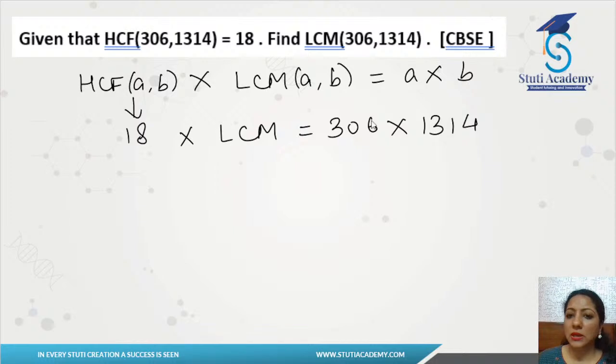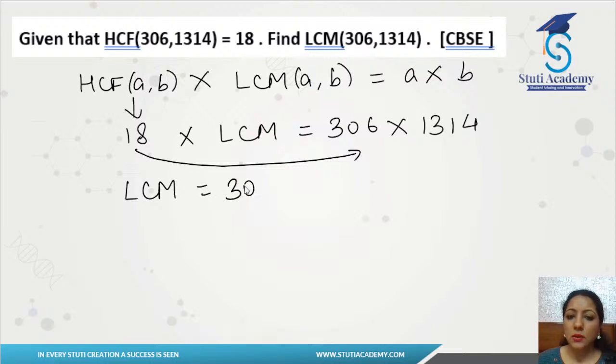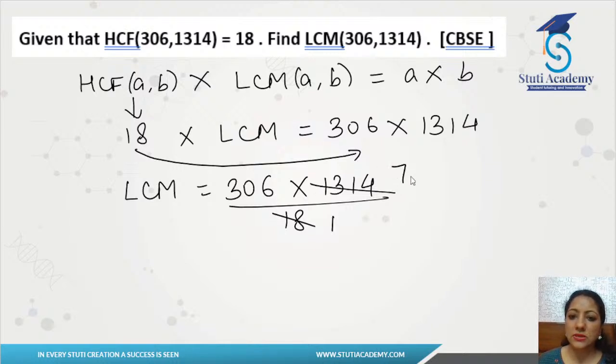Now I'm not going to multiply this. I'll just first take 18 here and this will get divided by one of the numbers. Let's see. We have 306 into 1314 over 18. Now let's divide this by 18. 1314 divided by 18, this will go 7 times and then 3 times. It's 73 here.